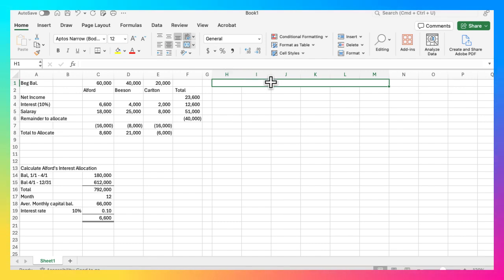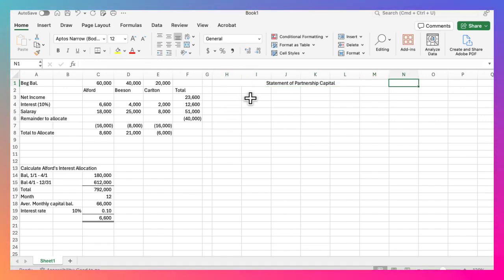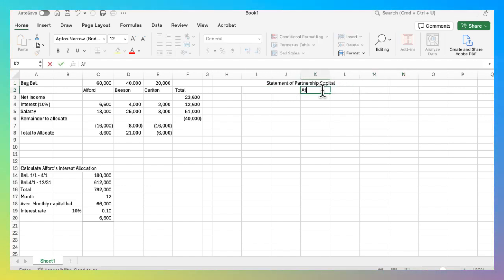And then we're going to, again, list Alfred, Benson, and Carlton.